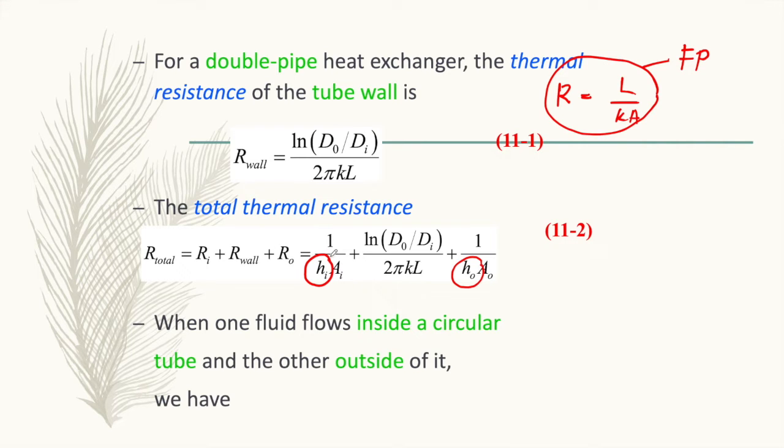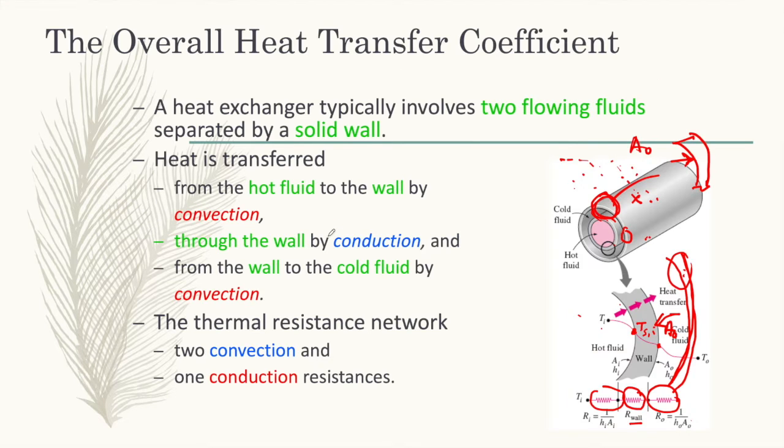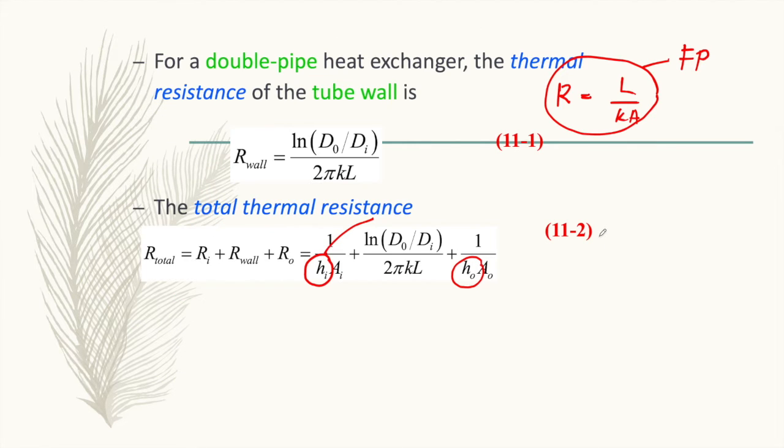So Hi, take a look at this figure. Hi is inside of the tube, so we will use the method of internal forced convection. That's why you learned internal forced convection before, in order to calculate the heat transfer coefficient.